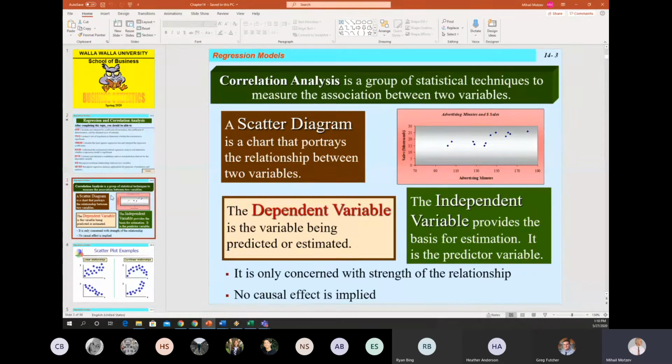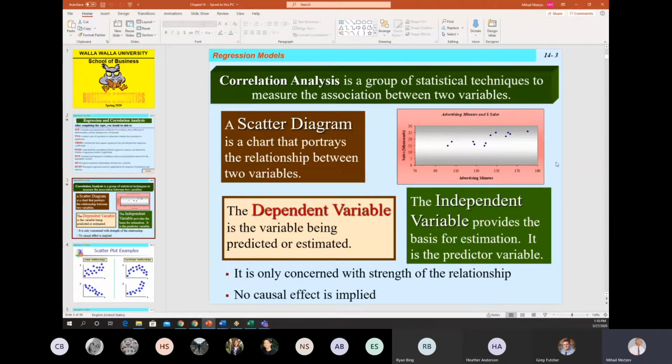So what is the idea of the correlation analysis? A long time ago, in data visualization, we introduced a chart with the name scatter diagram or scatter plot.